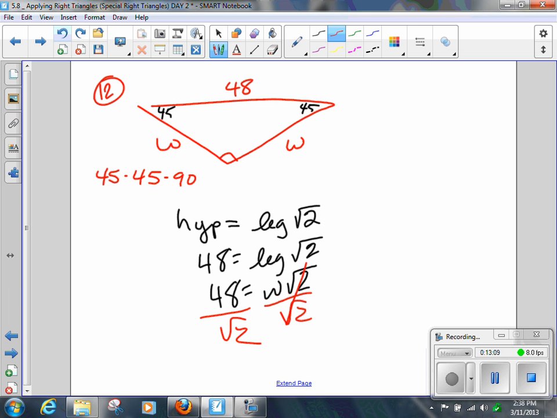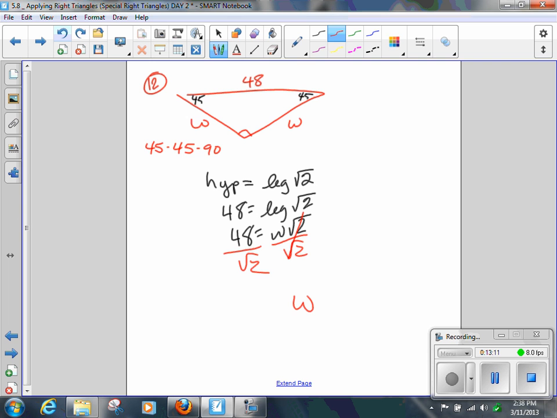Let me ask you something. This is a table, correct? If this is a table, can't you take your calculator and figure out what the decimal is for this? Because when we're talking real measurements with a ruler, are we ever going to have square roots of 2 or square roots of 3 in there?